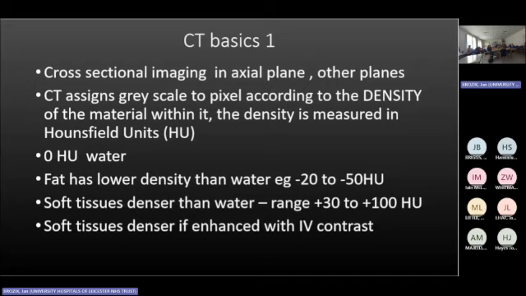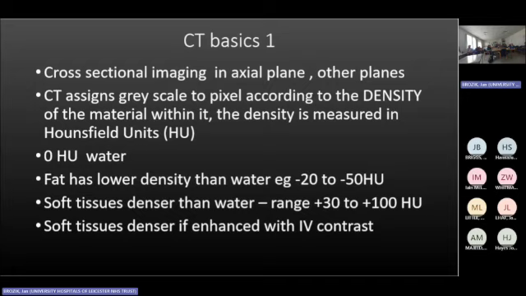CT assigns grayscale to a pixel according to the density of the material within it, and the density is measured in Hounsfield units, HU. So in some reports we might see HU, that stands for Hounsfield units. Water has a value of 0. If you measure the density and it's 0, it's water.